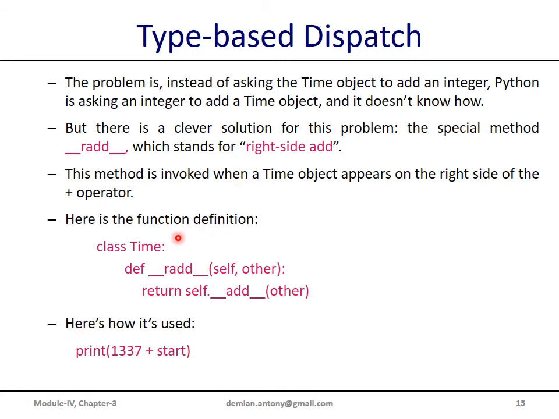Here is the function definition. Class time, instead of add, just write radd self other, and internally you can write self dot double underscore add double underscore other, and we need to have a definition for this add, which is one additional function definition.